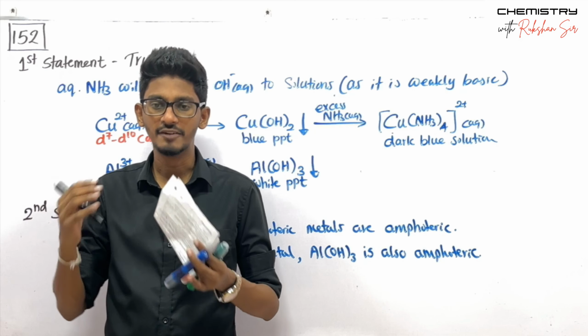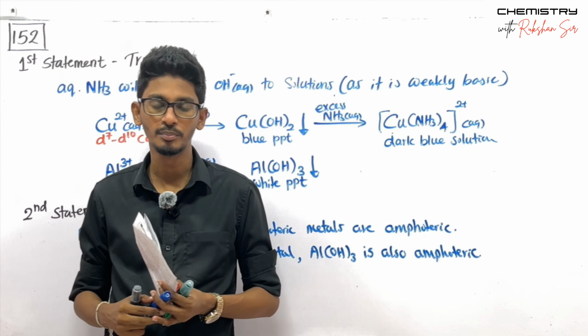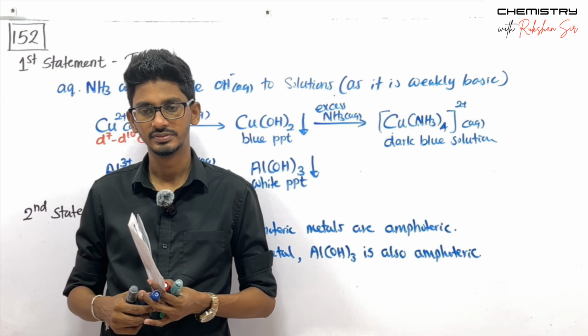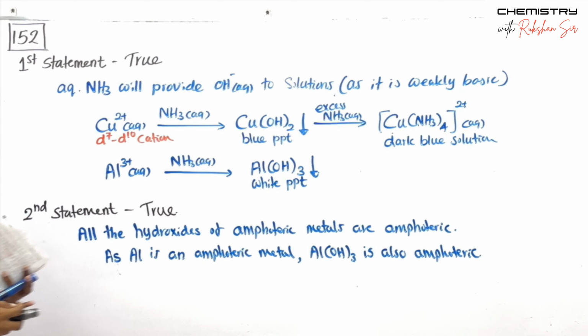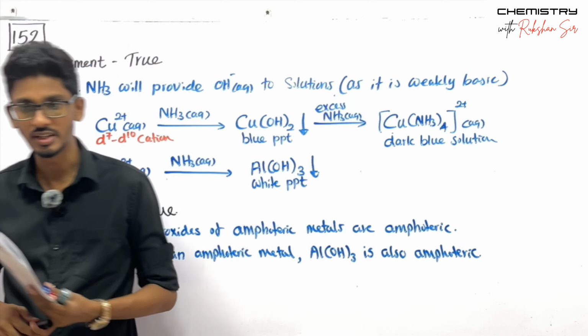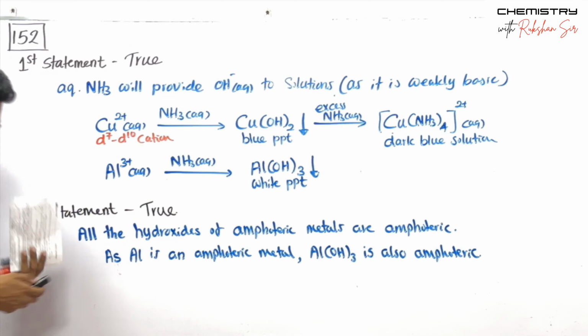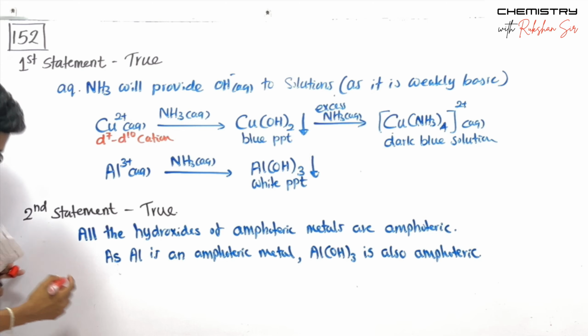To differentiate the amphoterics from other metals, we have to use a strong base to come up with the hydroxide complexes. So the second statement won't explain the first one, so we choose answer number 2.